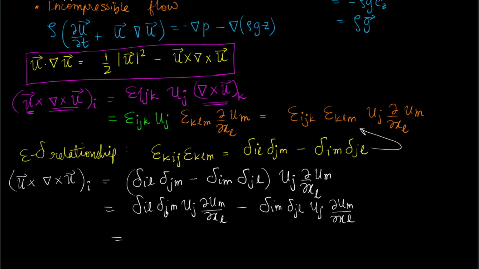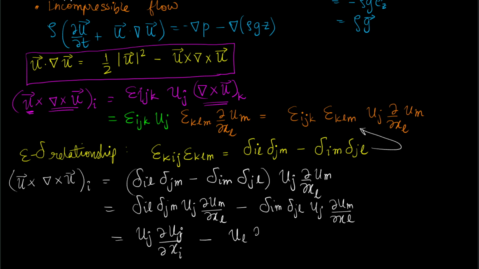So now these two terms will be non-zero only when i equal to l and j equal to m. So let us make that index substitution over here. So this becomes uj del uj del xi minus, now this combination of terms will be non-zero when i equal to m and j equal to l.